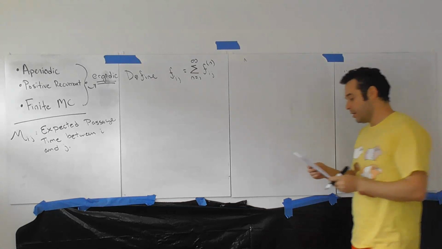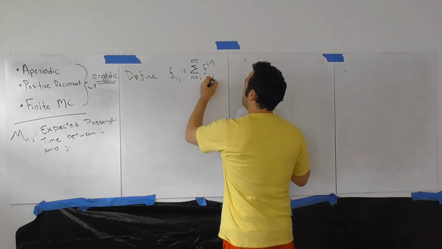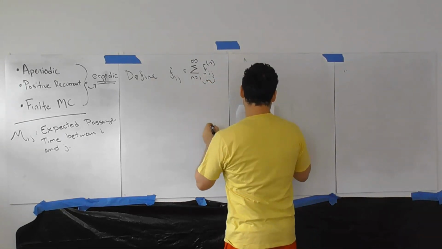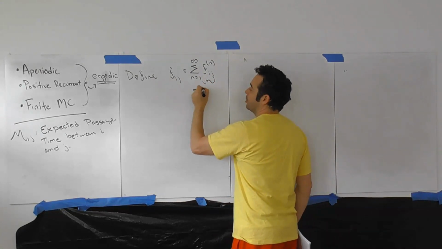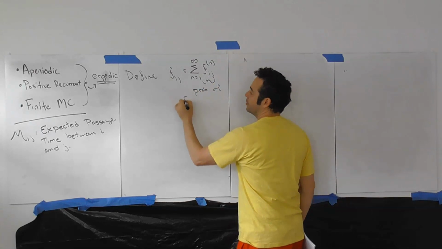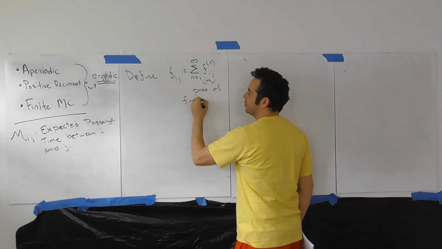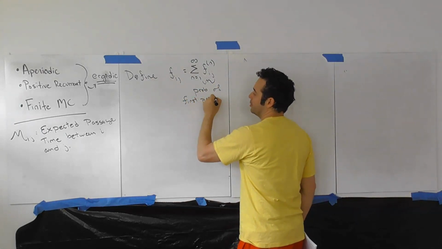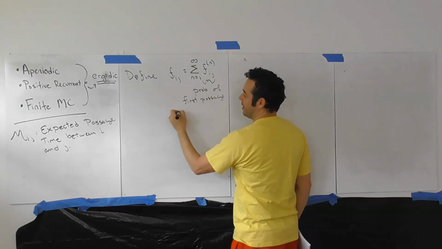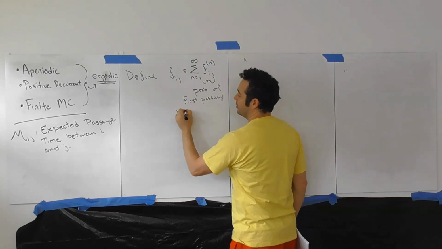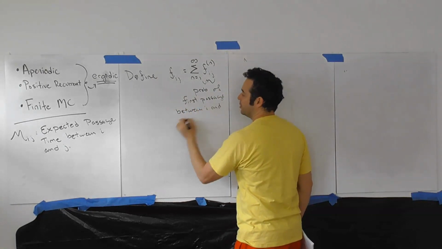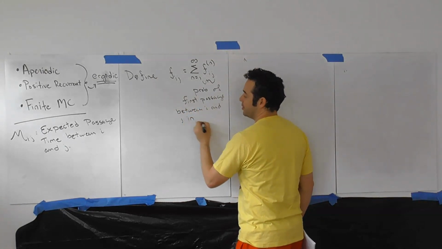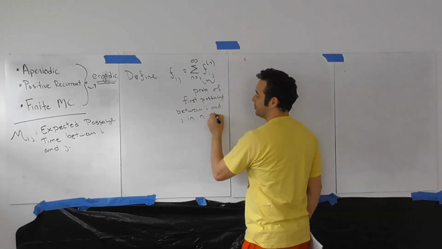Well, this is going to be the probability of first passage between i and j in n steps.